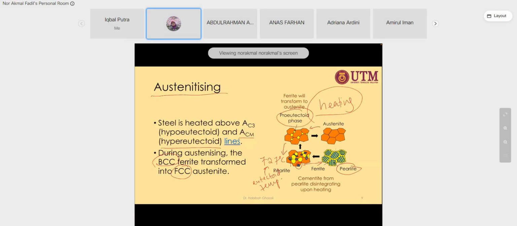But reversely, if you do the heating process during full annealing, it happens in the reverse mode.